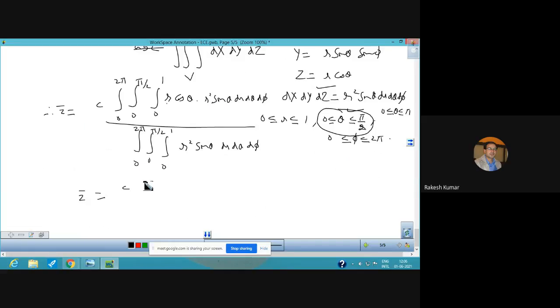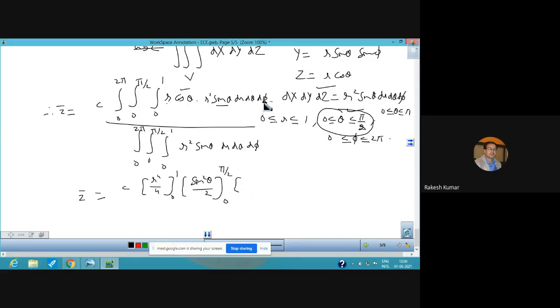R square times r becomes r cube here, and its integration is r to the 4 over 4 within the limits 0 to 1. And here, sine theta is there and cos theta is there. So sine theta into cos theta, it means the derivative of sine is there, that is cos theta. So the integration becomes sine square theta upon 2 within the limits 0 to pi by 2.